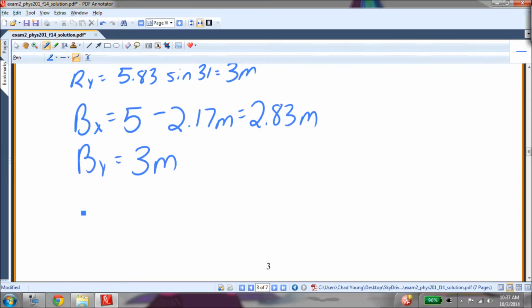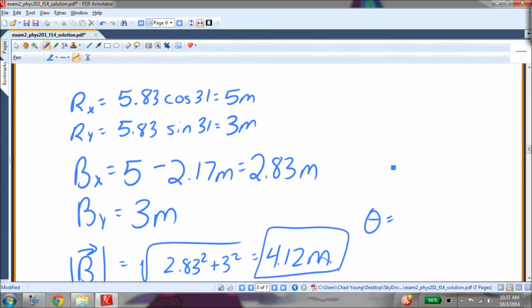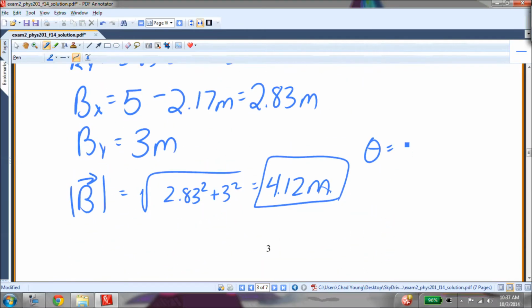Now, if I want to find the magnitude of B, I use the Pythagorean theorem, and I get 4.12. And to find the angle theta, which is this angle, I do the inverse tan of the y over the x.